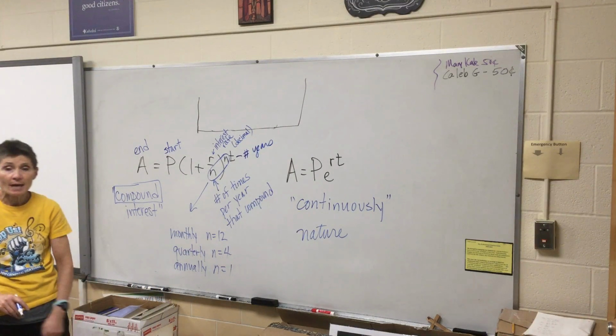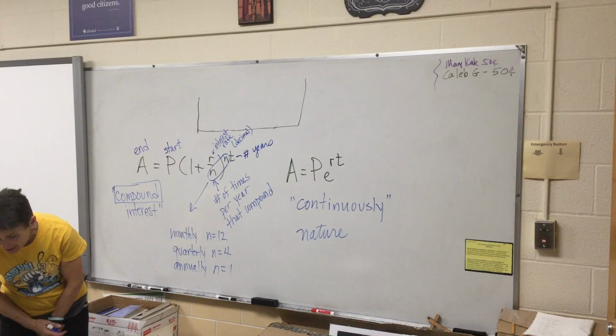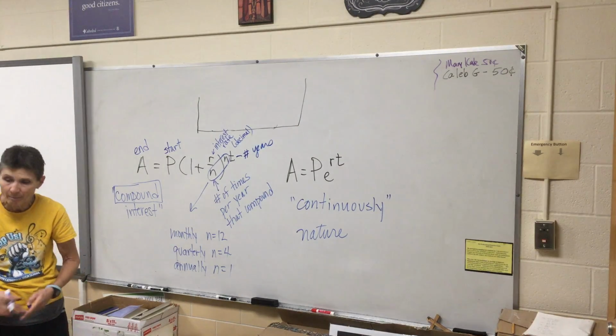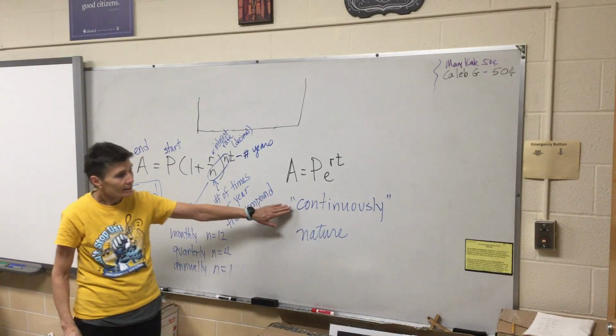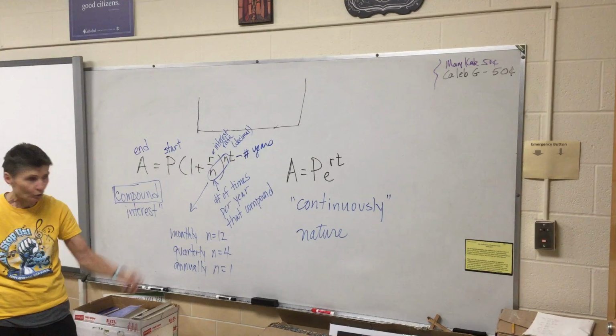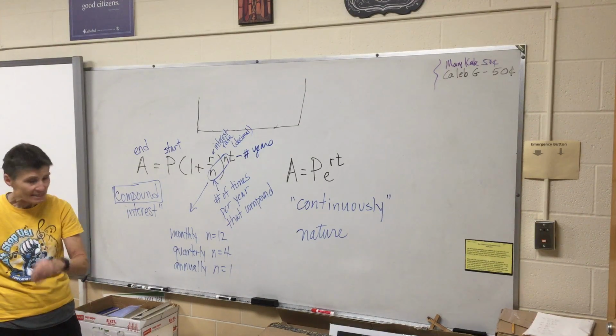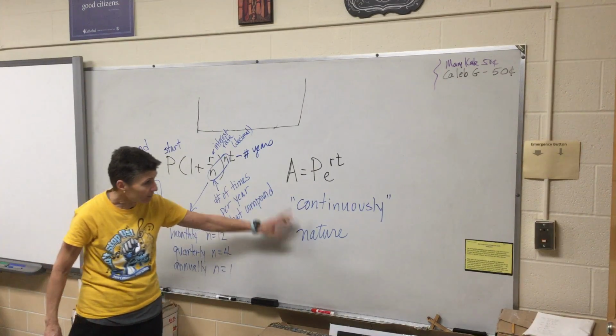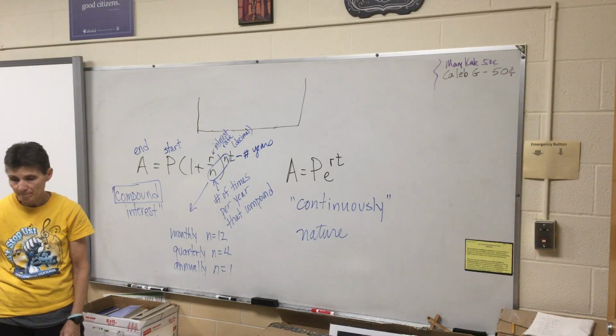Or it'll be a radioactive decay. It will be some kind of biology type problem. Or it will actually say compounded continuously. If the word continuously is there, you're using this formula. If it's a biology problem, you're using this formula.